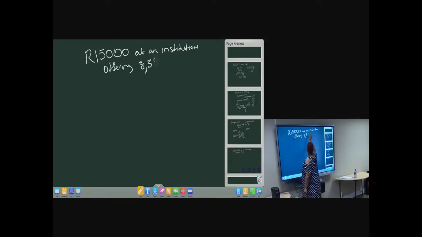I use 8.5% because we have increased using 8.5%, so it's something familiar which I've done already. Offering 8.5% compounded. That will be mentioned, if it is compound interest, compounded annually. Okay, for 3 years.